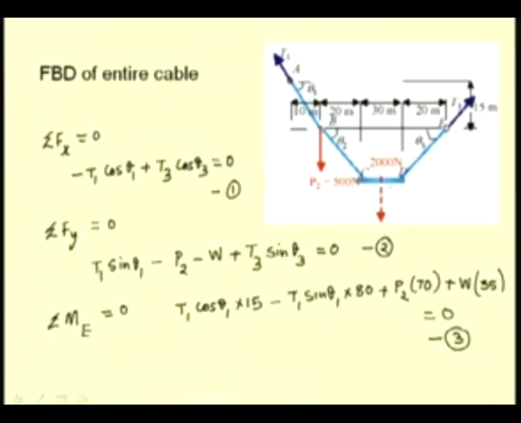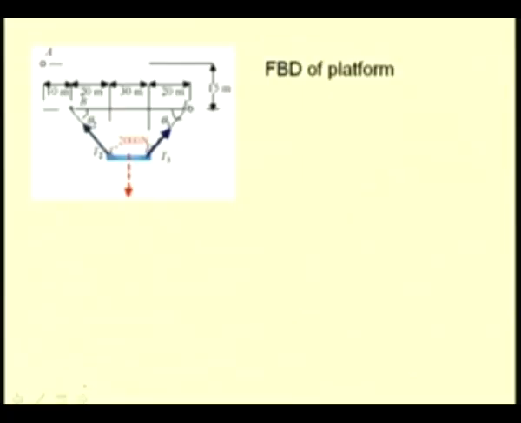So, let us consider the free body diagram of the platform, that is CD. So, here you see the free body diagram of the platform CD. The unknowns are the tension occurring in the portion DE and the portion BC, which is T2.